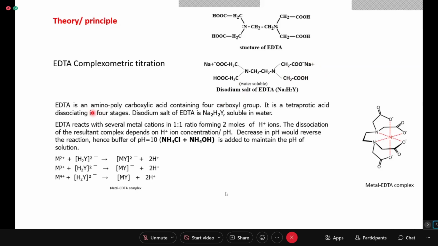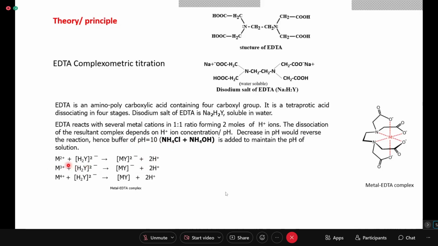So EDTA is a tetraprotic acid, and when EDTA is treated with a divalent metal cation, it forms MY2 minus plus twice H plus. So EDTA reacts with several metal cations in 1:1 ratio, forming 2 moles of H plus. This will lower the pH of the solution, and that is why an ammonia buffer solution, which maintains the pH at 10, ammonium chloride, ammonium hydroxide buffer, is used.